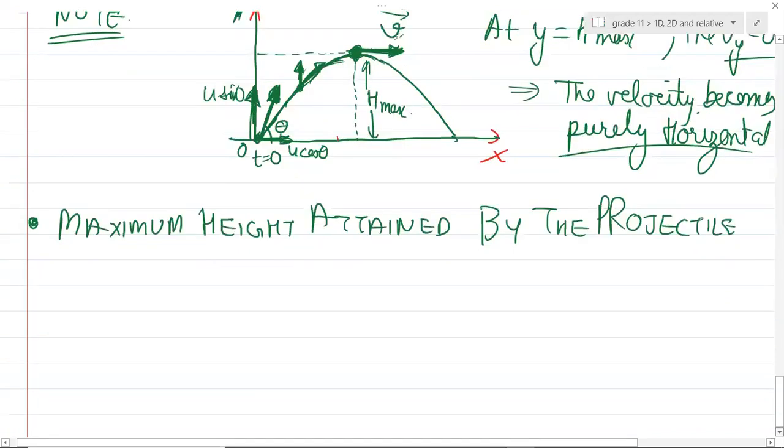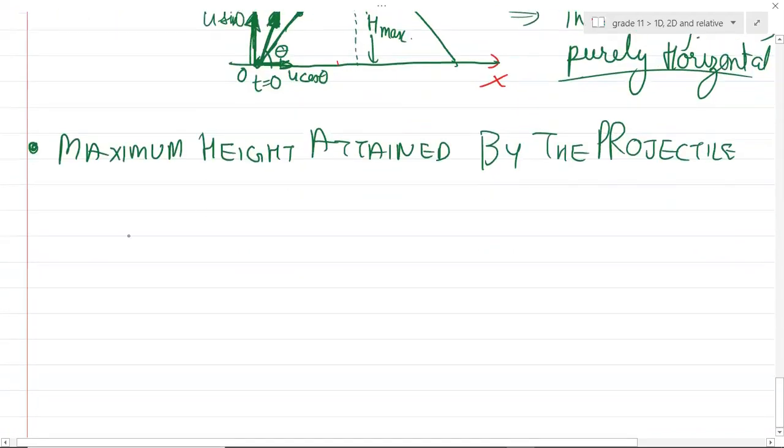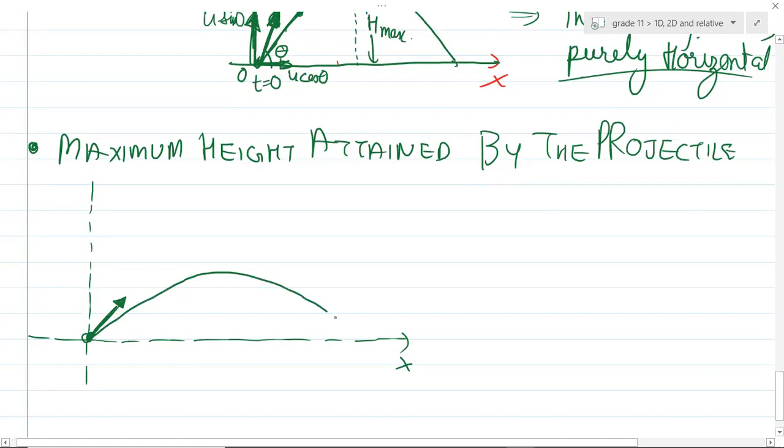So guys, let's derive the equation for maximum height, or basically the formula for maximum height. I told you, whenever you have an object which is thrown at a certain angle with the horizontal, it will go in a parabolic path, right? I told you the equation of trajectory is a parabola, that implies the path it follows is the parabola.